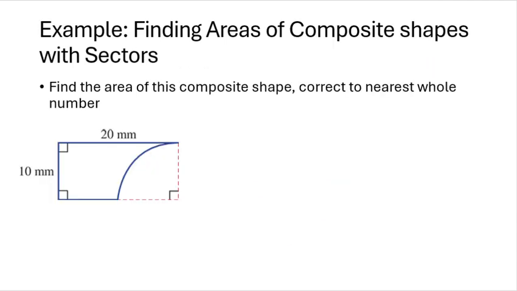Now, you've got to be careful when you work with composite shapes and sectors, okay? So just be mindful as to what you're using and when you're finding the areas. So in my example here, I need to find the area shaded in blue, okay? The area shaded in blue is what we want.